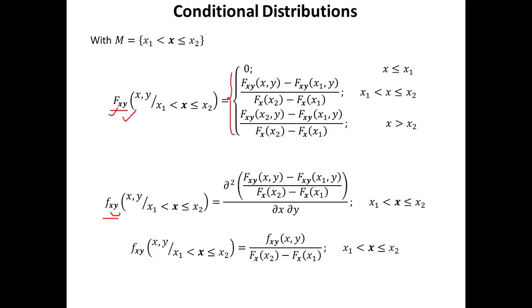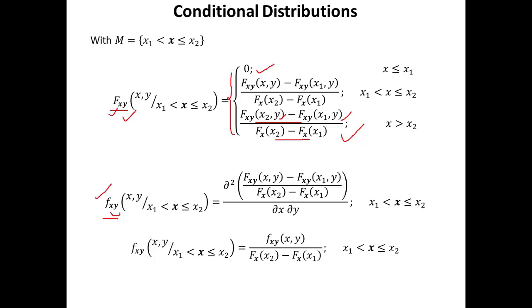But just see here, this distribution function contains three components. The first component is 0, so there is no need to differentiate this component. For the second component, both numerator and denominator are independent of random variable x, so with respect to y it will be differentiated, but with respect to x it will be treated as constant. So finally, if you differentiate to get the density function, it comes out as 0.